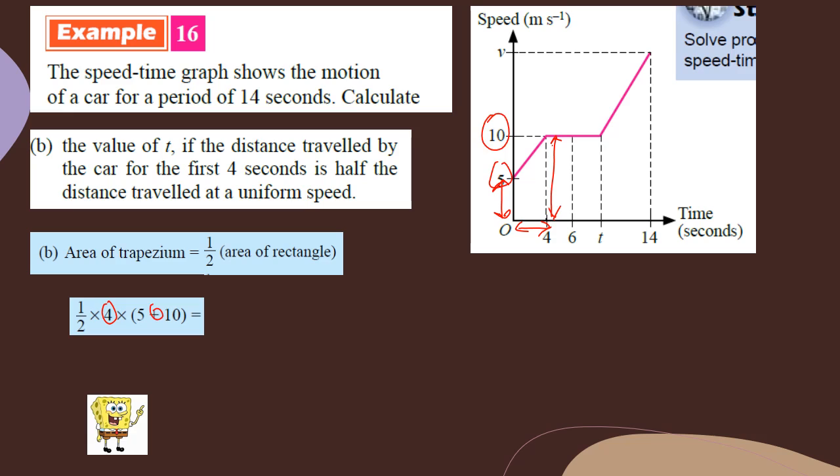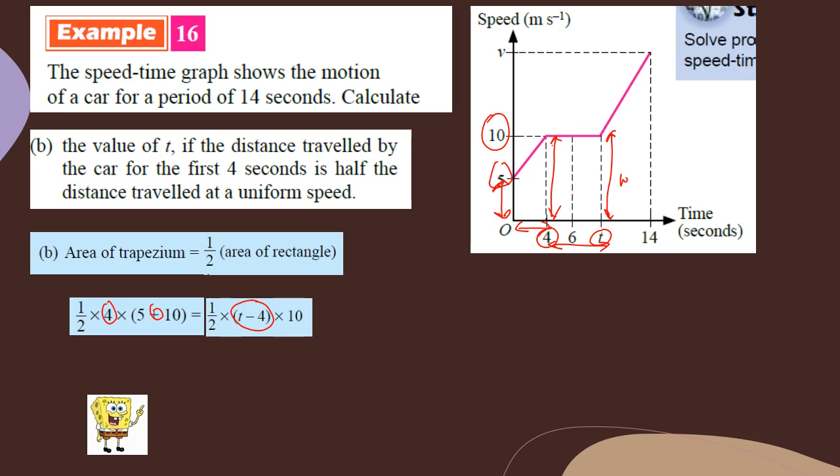And then for the rectangle, this length is t minus 4, and your height is still 10.